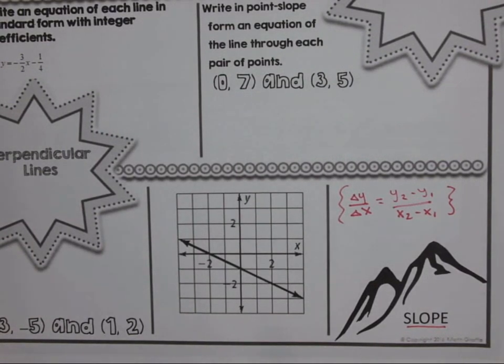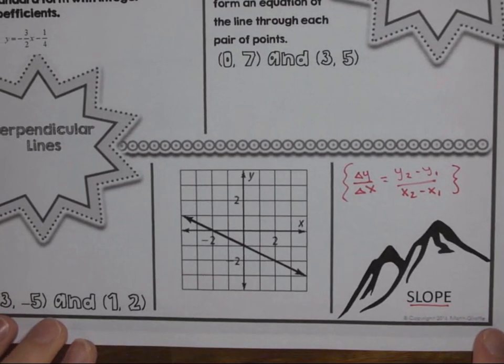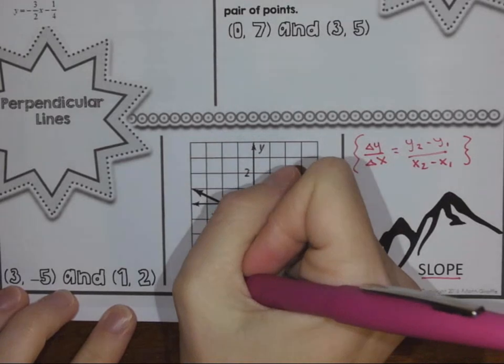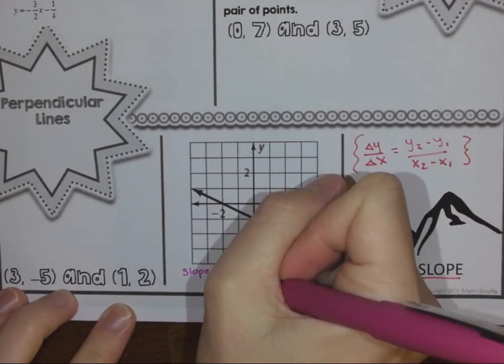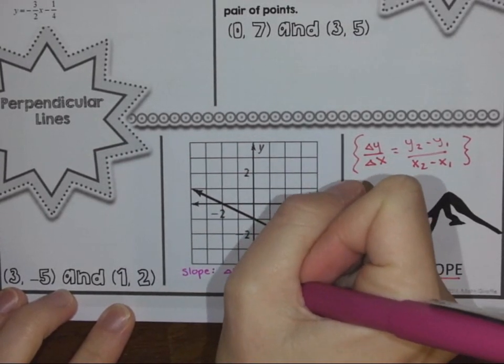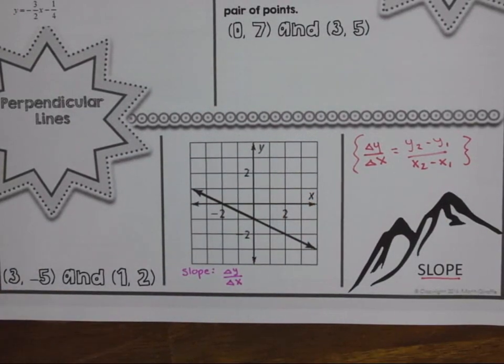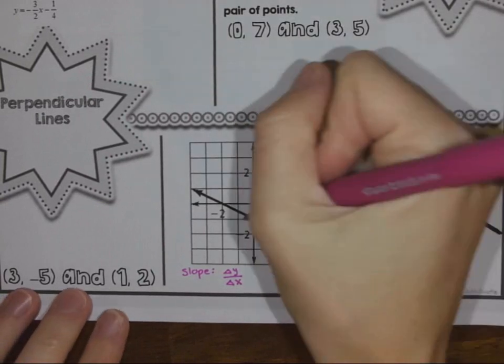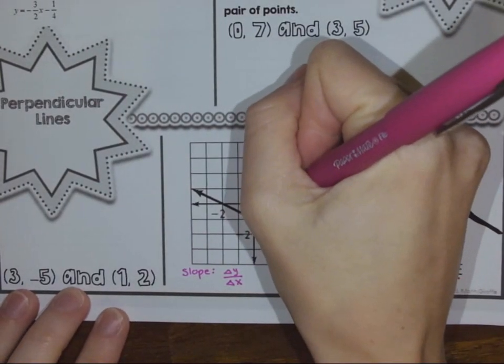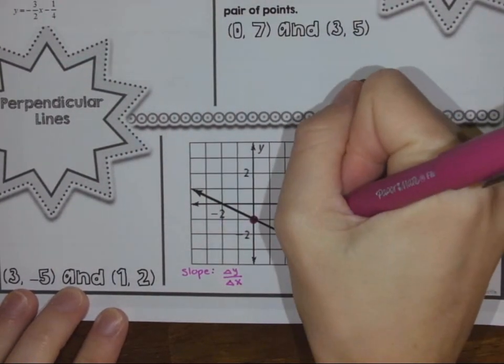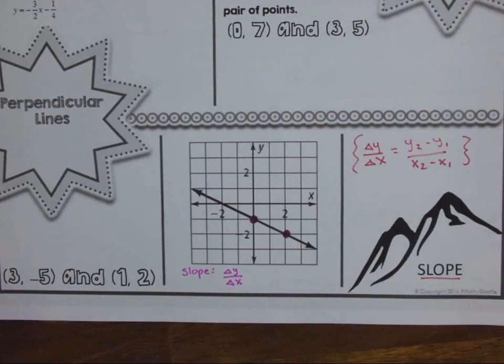So for starters, we're going to look at finding the slope of the line shown. And again, I'm going to remind you that slope is the change in y value over the change in x value. So we're going to look at identifying a couple points. I like to find ones that go evenly through the boxes.